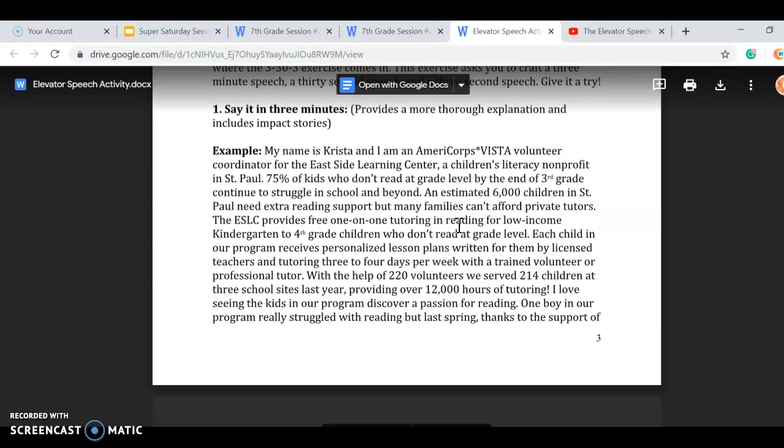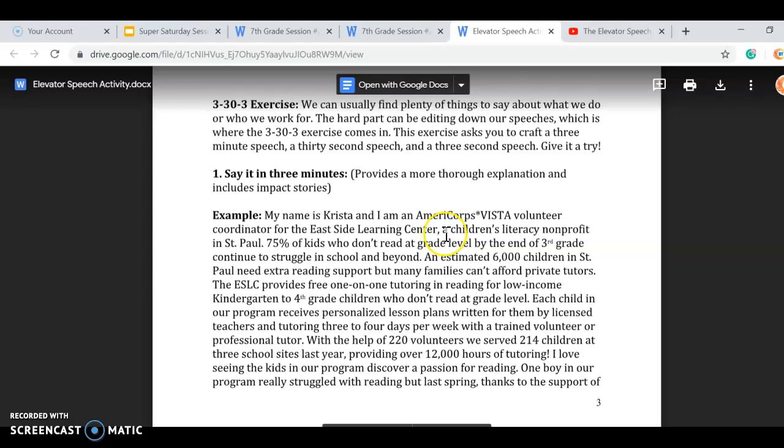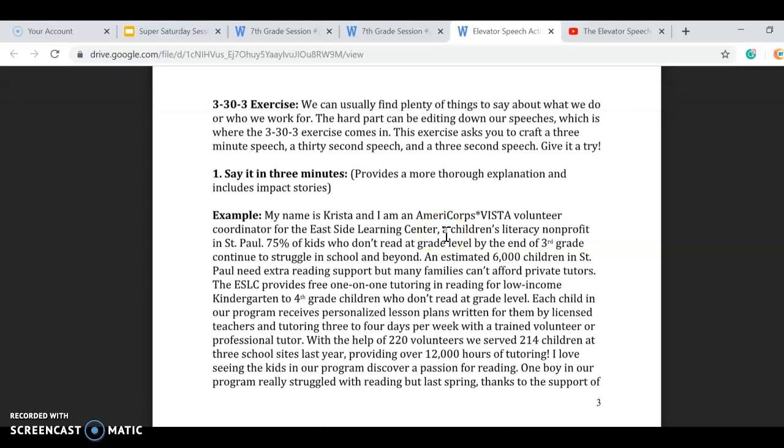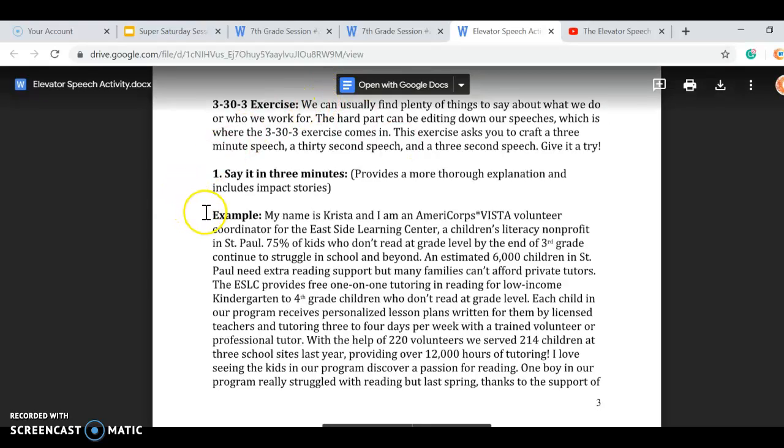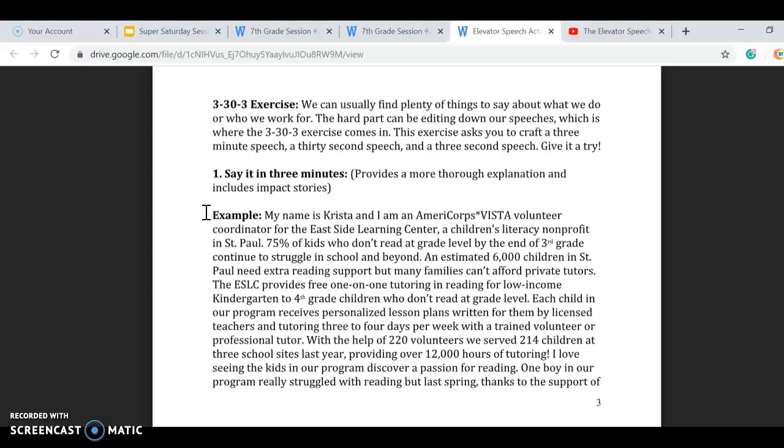The activity provides an example of a pitch, and they can use it, and then they have fill-in-the-blank spots where they can complete their own 3-minute, 30-second, and 3-second pitch or speech. And then they can practice saying their pitch or speech in groups, or they can say it in front of the class based on your timing.